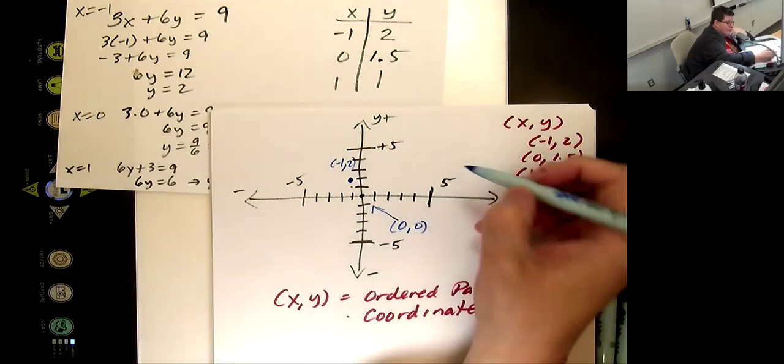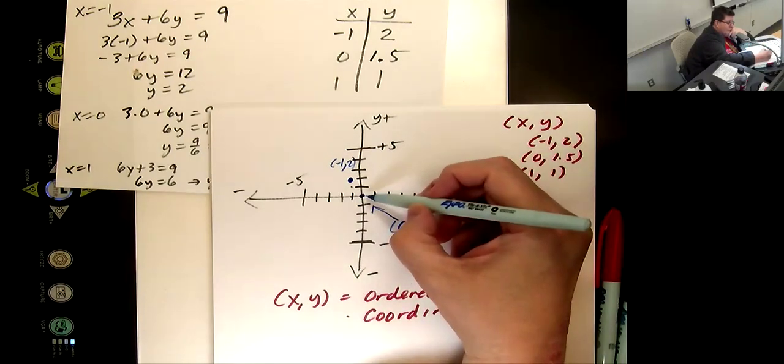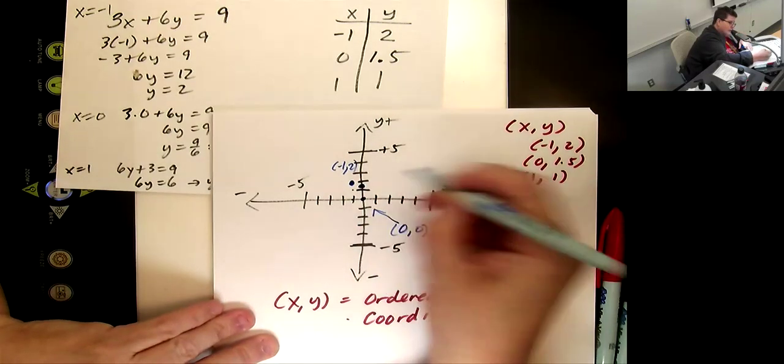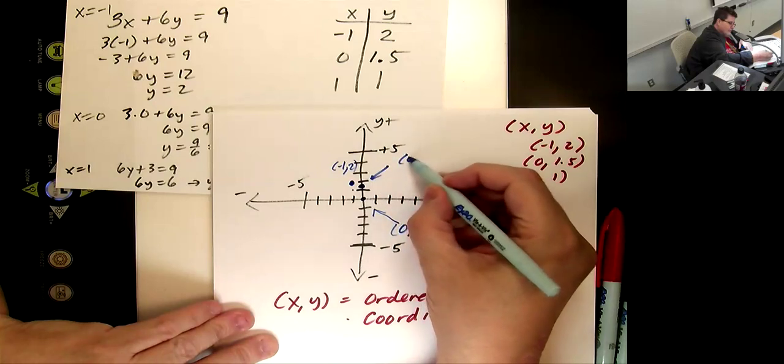The second one is left or right 0, so we don't move left or right, and we go up 1.5. So we're right there, and that's 0, 1.5.